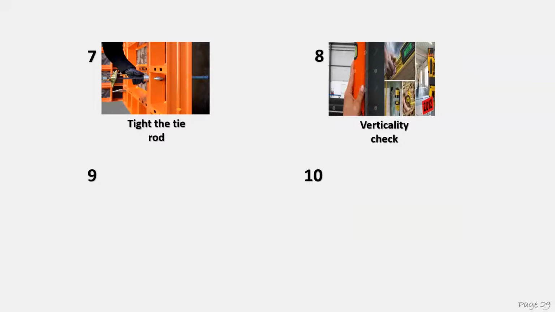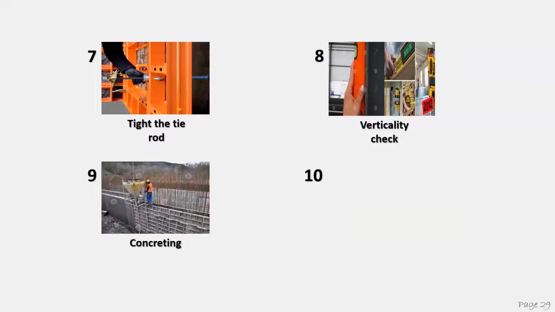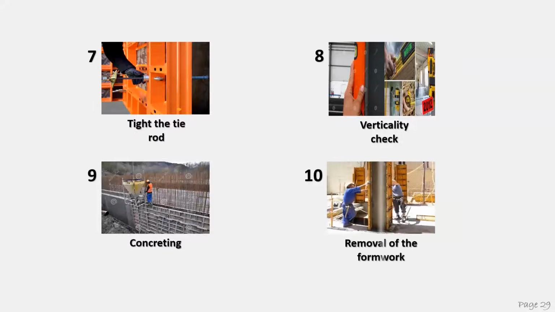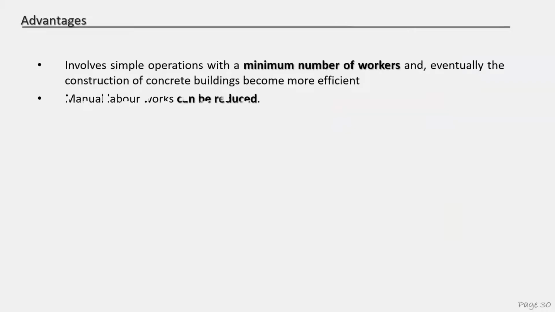Of course, you need to check the verticality, concreting works, and removal of the formwork. So that is a process you do repetition. So ulang balik, pasang formwork and masukkan reinforcement and concrete and keluarkan panel bila dah concrete is hardened. So that is a process.